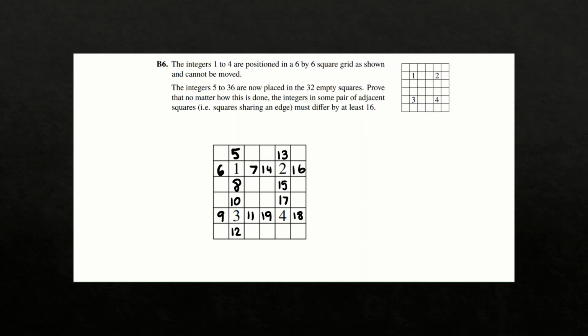But now we reach a problem. In this final square, we must put in the number 20. However, 20 minus 4 is equal to 16, which means that the difference is not going to differ by at least 16.